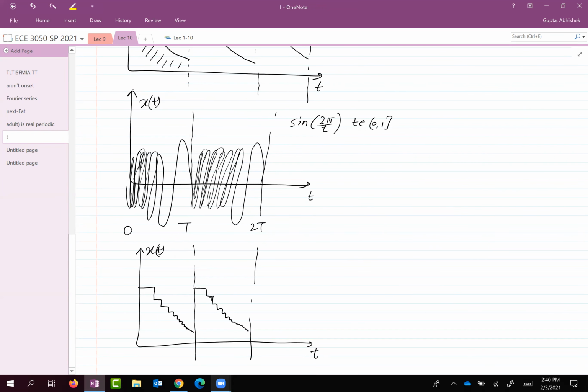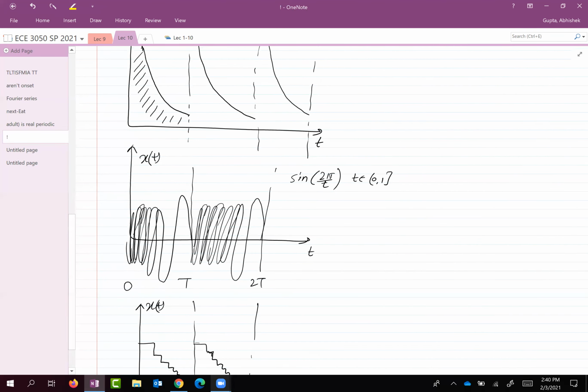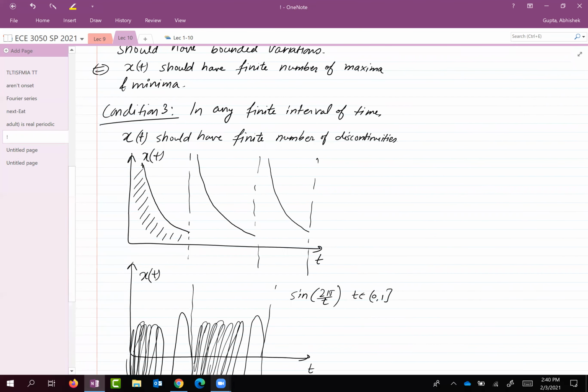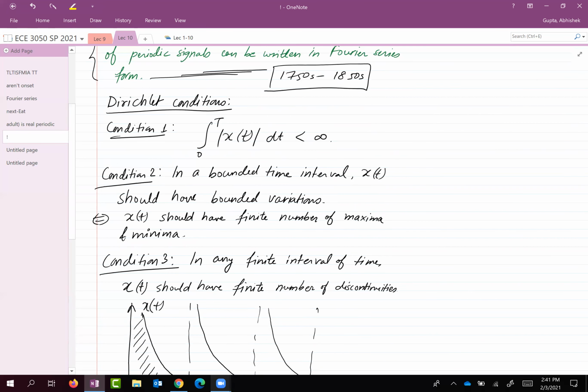They don't appear in the real world, so it doesn't matter if you can take their Fourier series or not. For practical purposes, we are going to get well-defined signals which satisfy all three conditions required for representing a periodic signal in the Fourier series format. This is some mathematical stuff that is needed to make sense of this Fourier series representation. Very non-trivial result, but still very useful for practical purposes.